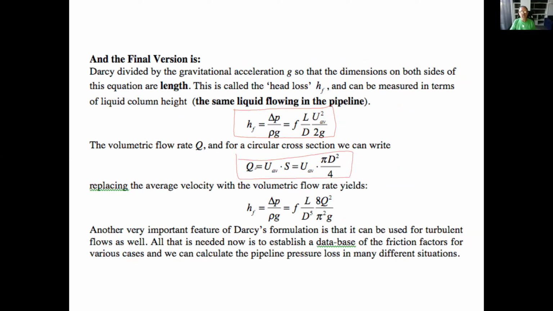And if you want to replace U with that in the formula, then it ends up here. So Darcy developed Formula 1 and Formula 2, and there is a loss, which is measured in meters, either for flow rate or just some average velocity in the pipe. Of course, you can calculate the flow rate if you know the average velocity.